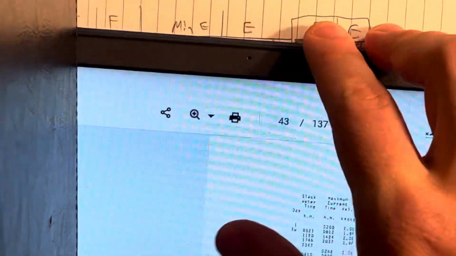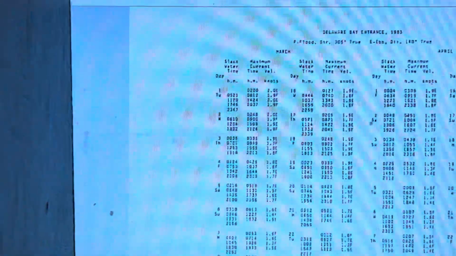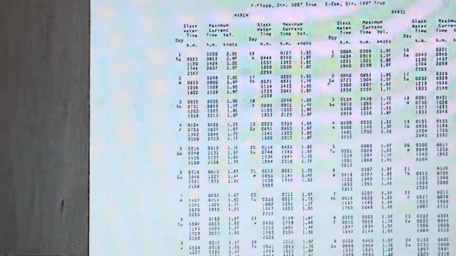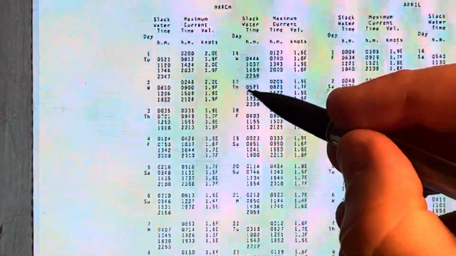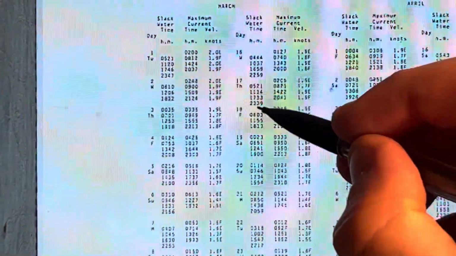We are looking for March 18th, the first ebb. Okay. So we actually happen to be at March right here. 17th, 18th. So remember how we read this. It goes across and then back and down, across, back and down, across, back and down.